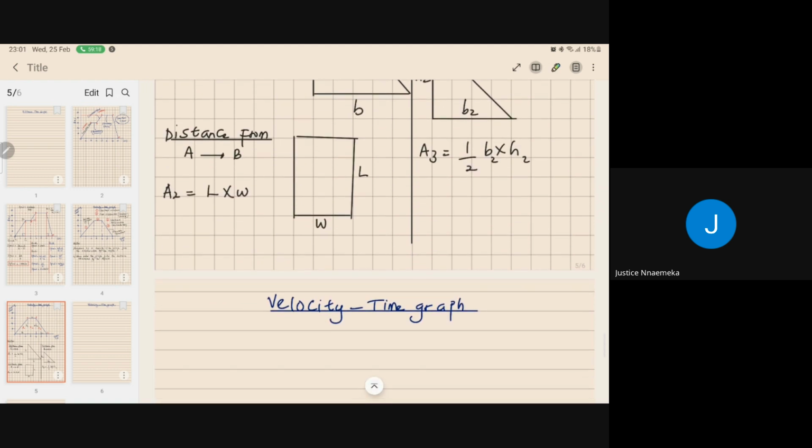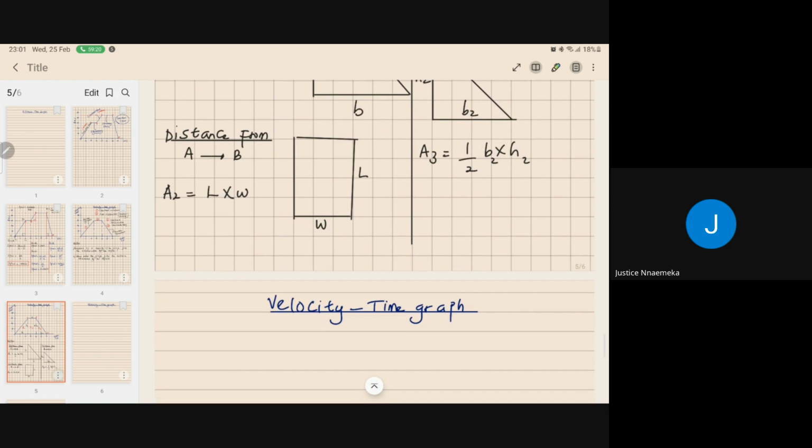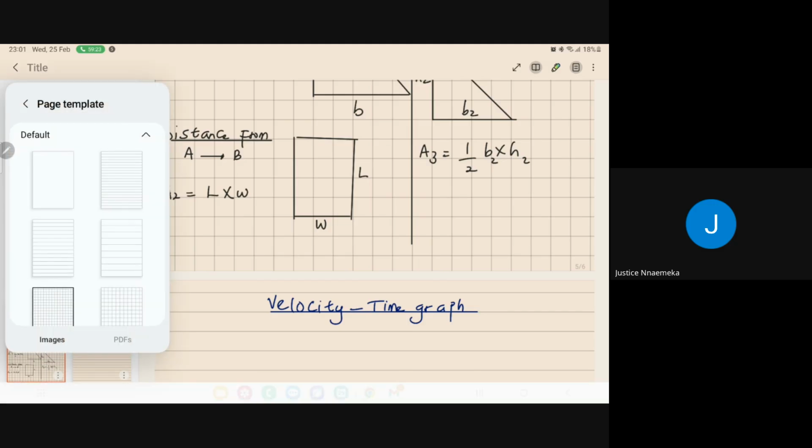Now, if you want to get the total distance traveled, how do we estimate the total distance traveled from this very graph?